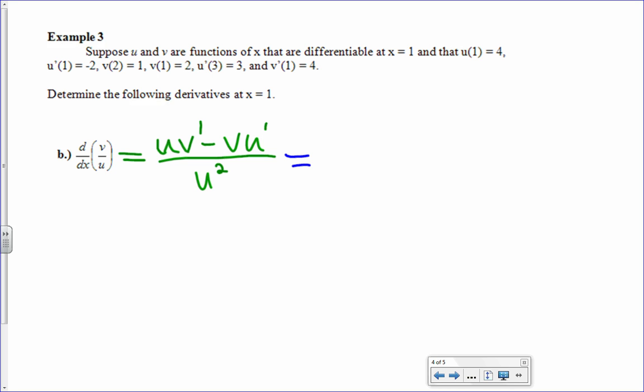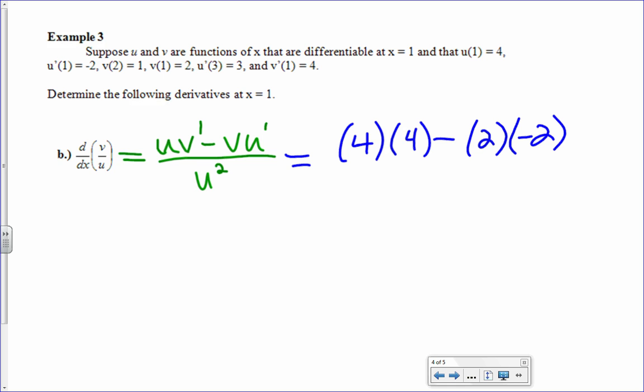So you notice this is what the derivative would be, bottom times derivative of the top, and so on. And so it's u of 1, which is 4, times v prime at 1, which is 4, minus v of 1, which is 2, times u prime at 1, which is -2, right?